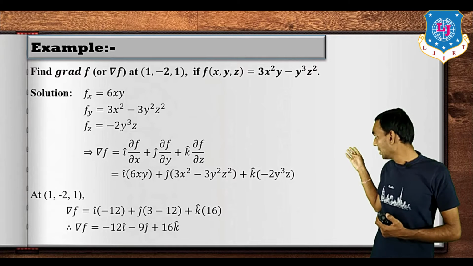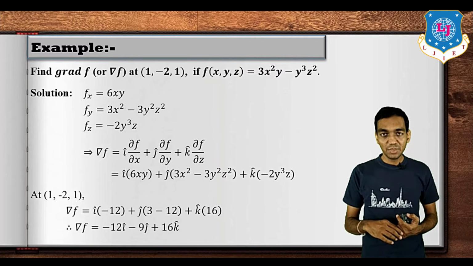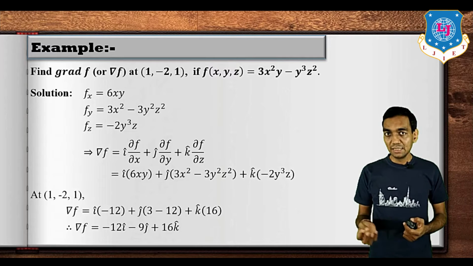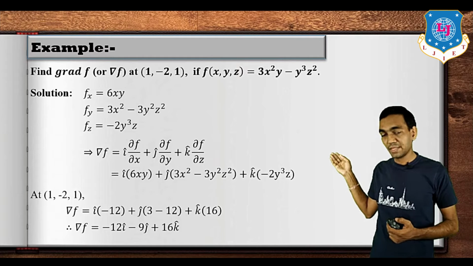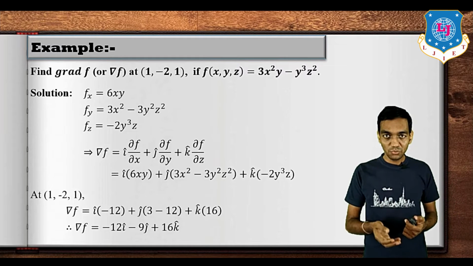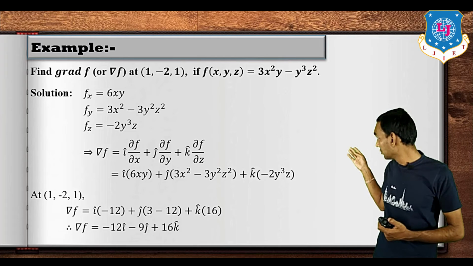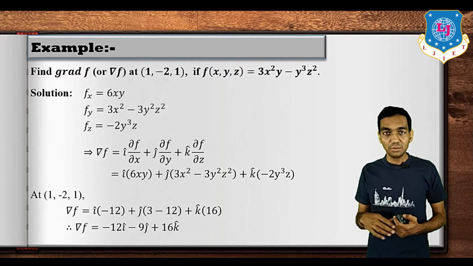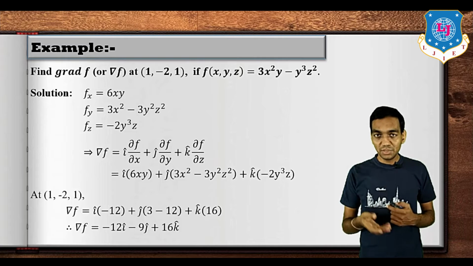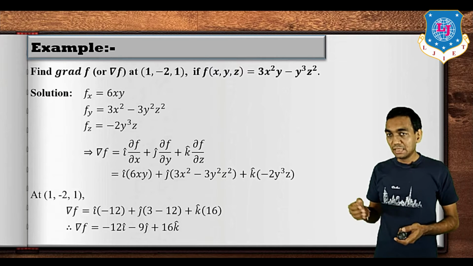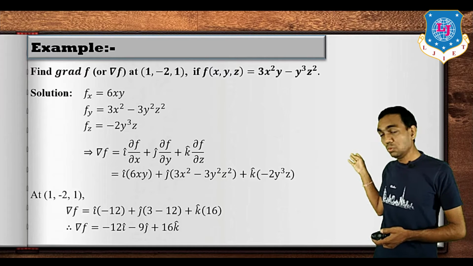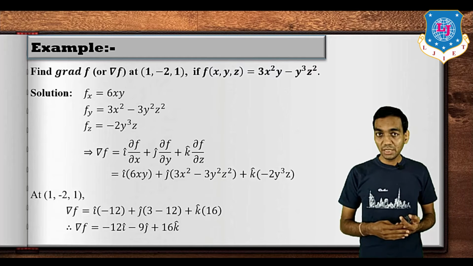That means del f by del x, that is fx, is nothing but the derivative with respect to x, that is 6xy. In the same manner, the derivative with respect to y will be 3x² minus 3y²z². And if you are differentiating with respect to z, then the derivative is going to be -2y³z. Okay.